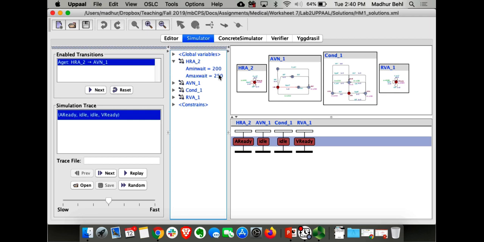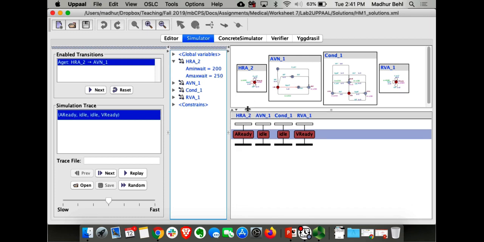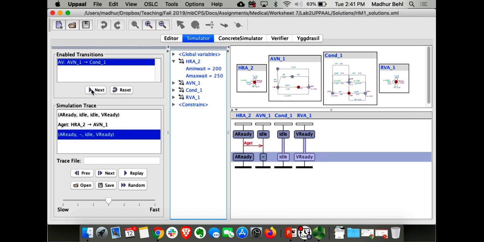Not all these fast depolarizations from the atria will be transmitted to the ventricles. In fact, what we expect to see is, for roughly every 2 atrial depolarizations, there should be 1 ventricular depolarization. So once again, I can simulate my system by just going next transitions.